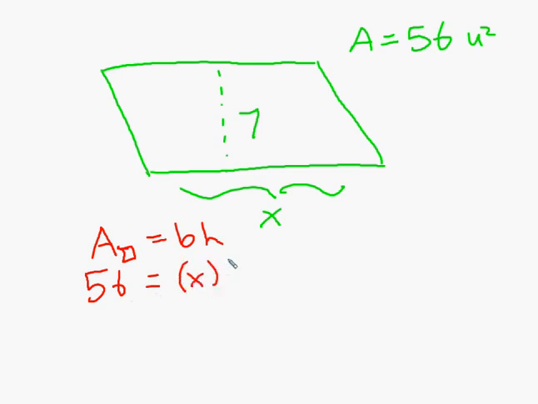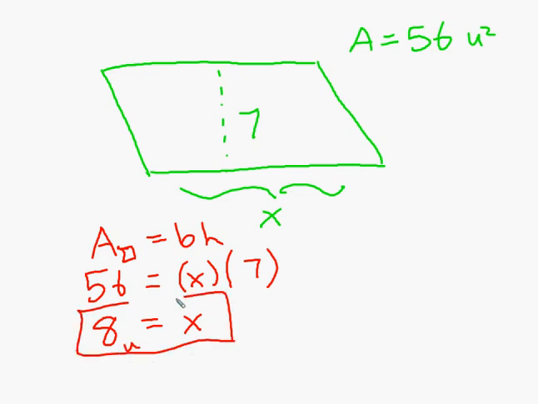I'll replace it with x, but yes, you're right, 7. Then you divide by 7 and get 8. So 8 units, whatever those units are. Yes, that's correct. That's basically what we were doing with the other example, except it looked more complicated, and it definitely was more complicated.